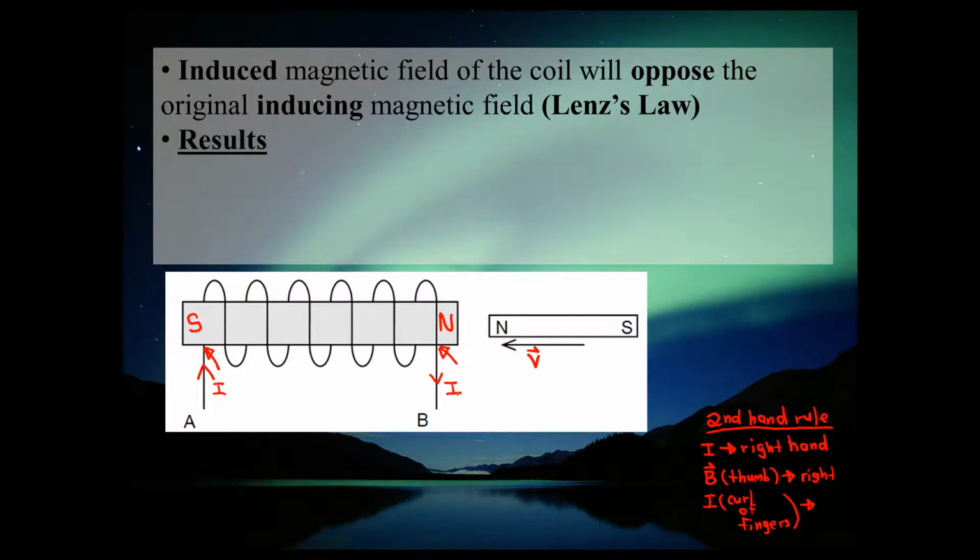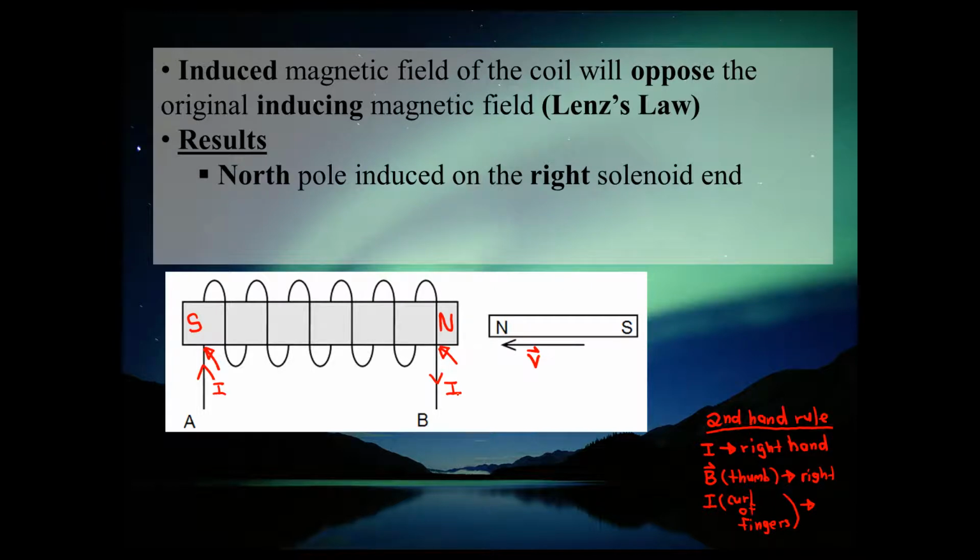Let's summarize that. According to Lenz's law, if I need to slow down the motion of the original conductor, then there needs to be an induced north pole on the right end of this bar magnet within it.